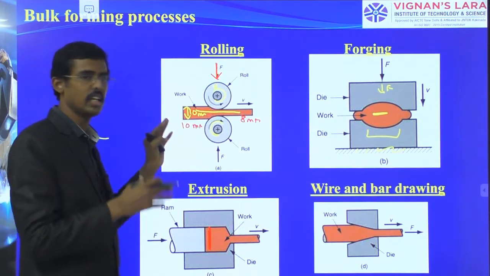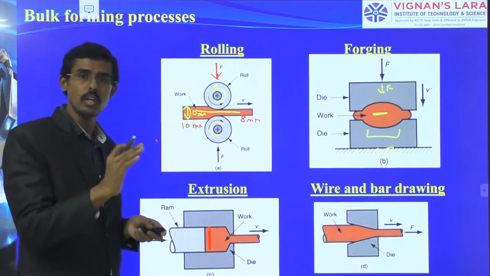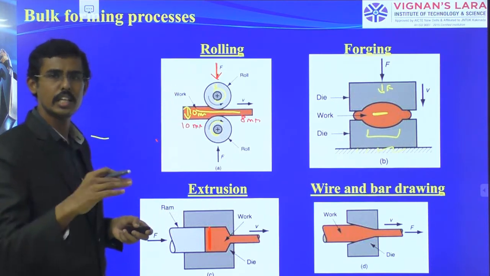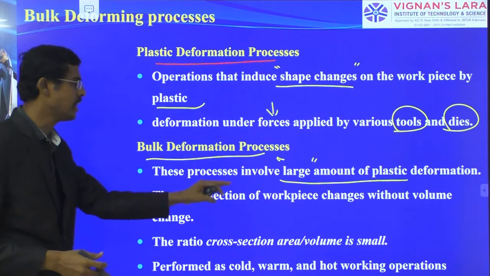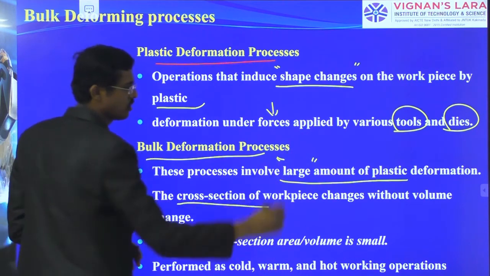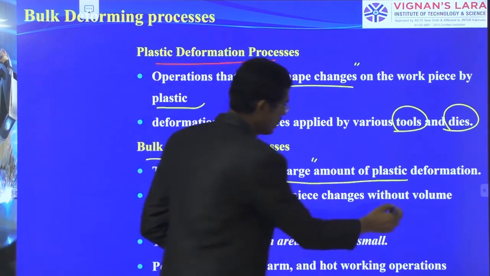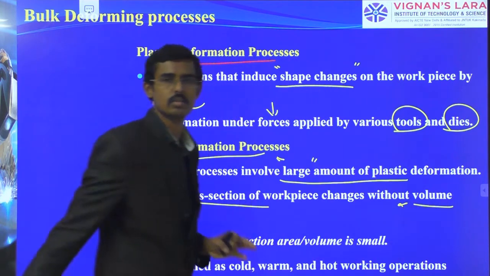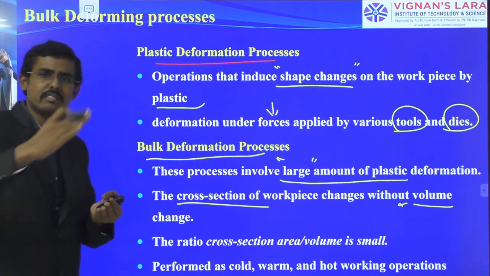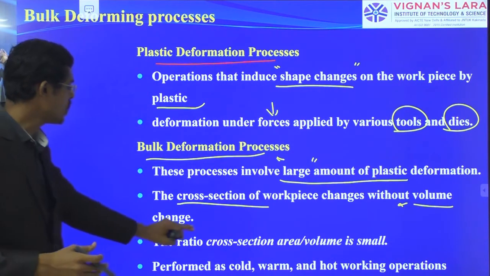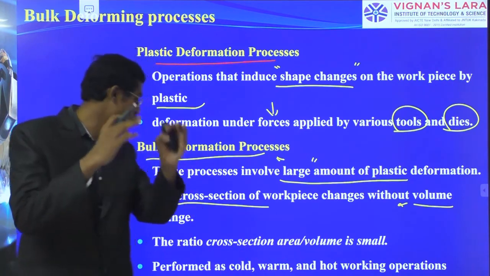Therefore 100% of the material is inside only. Volume is the same, only the shape is changing by deformation, only the cross section is changing, without volume change. We are not terminating, we are not cutting. The ratio of cross section area to the volume is small.